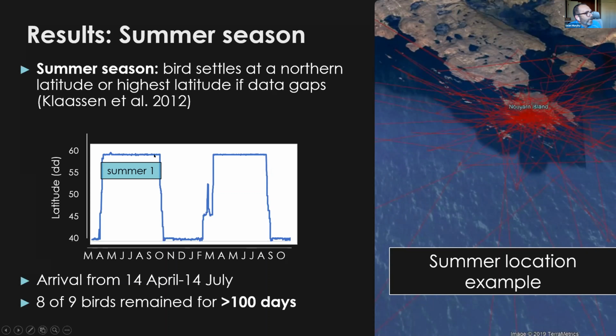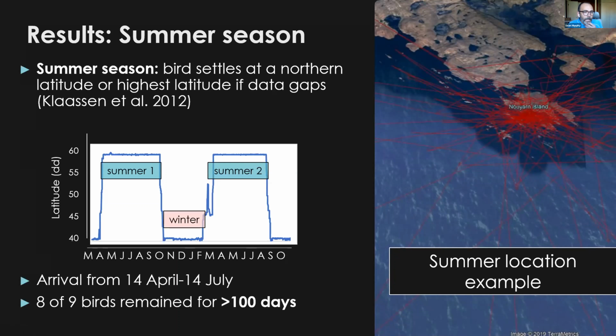So we've identified this segment of the plot as the first summer. Then it's followed by fall migration, and it returned back to Pennsylvania. And then you see it start the second spring migration, do a weird bop up north and then back down and then up again, but then you see it level off again at about the same latitude. So this was a way that we could identify that summer season.